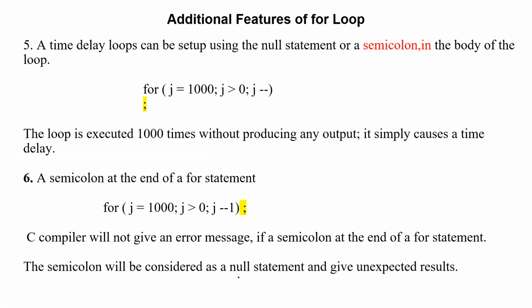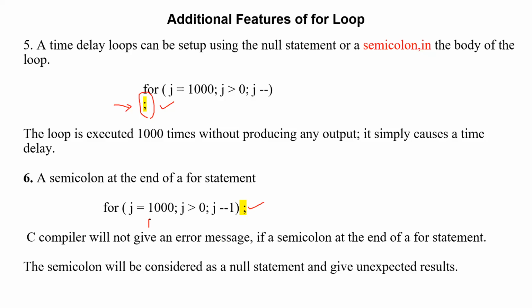Another additional feature, which I had explained in the first slide, is putting a semicolon, where both have the same effect. Syntactically, when we talk about the C program, after the for loop, whatever we mention, the next immediate line will be considered the body of the loop. But if you mention a semicolon at the end of a for loop statement, it will not be an error, but it will give an unexpected result, because we might have given it unknowingly.